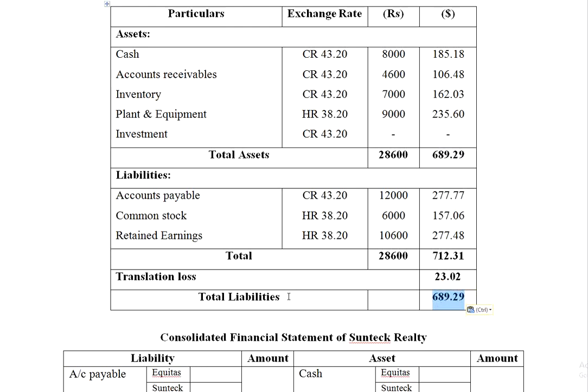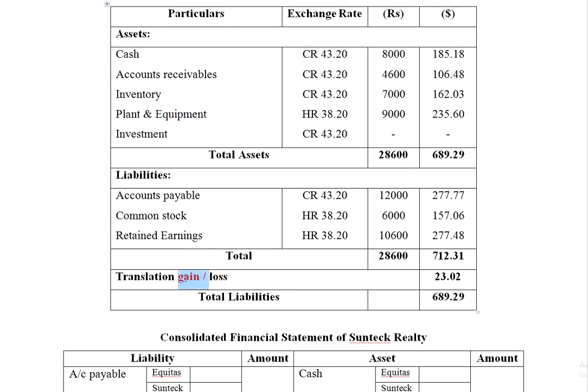Total assets and total liabilities. So this one can be said as either gain or loss. In this condition, since the total liability is more, it cannot be said as gain. It is a loss.